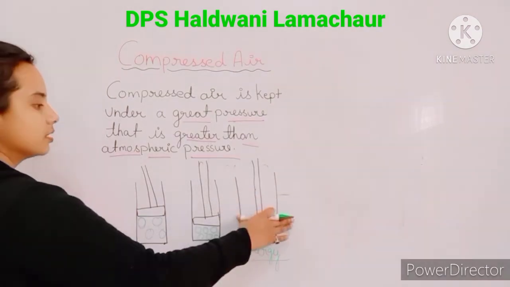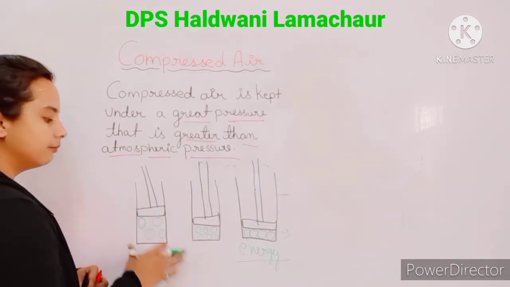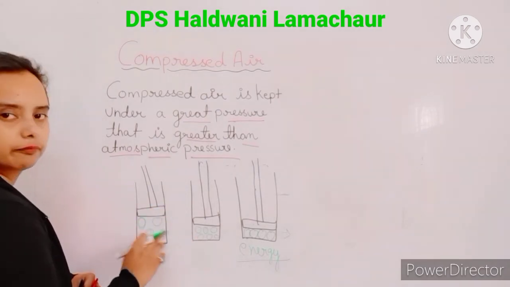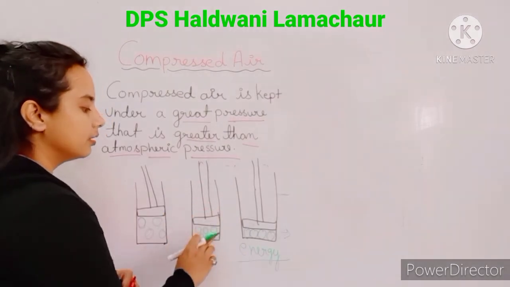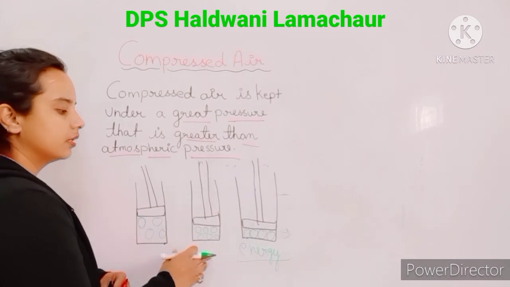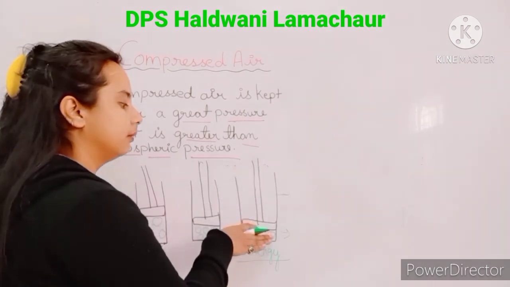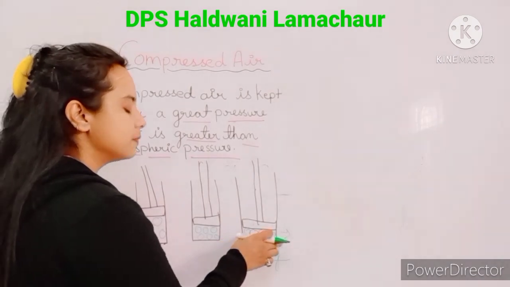So this compressed air, hope you understood this. When the air is not compressed, the molecules of the air are far apart, and when we compress it a little bit, the intermolecular spaces are small, and when we compress it completely, then there is no intermolecular space there.